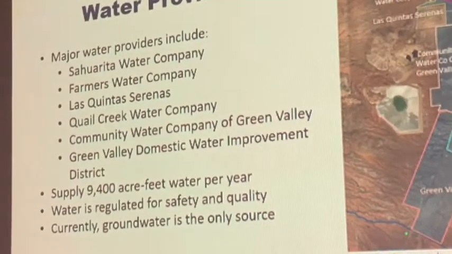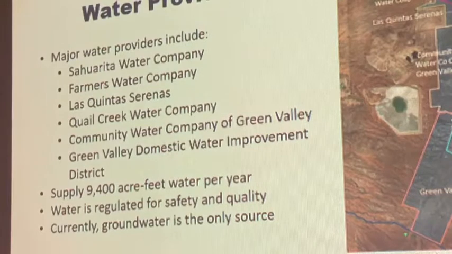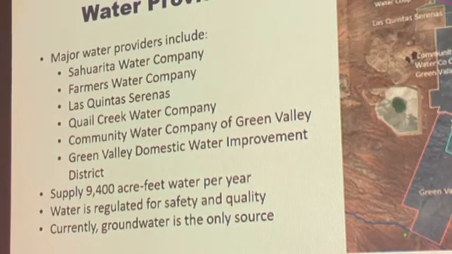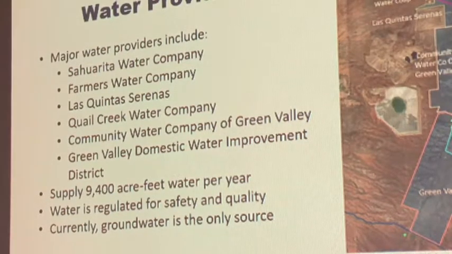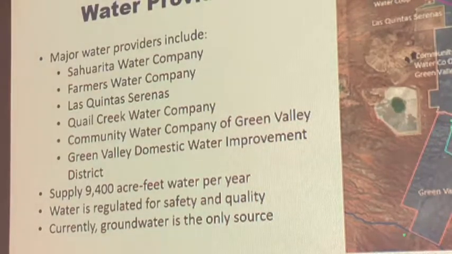As you can see, they serve about 9,400 acre feet of water per year, which is regulated. They have to report how much they take out, and they are regulated by the Department of Water Resources on how much water they can pump, and they are also regulated by the Department of Environmental Quality on the safety and quality of the water that they serve.